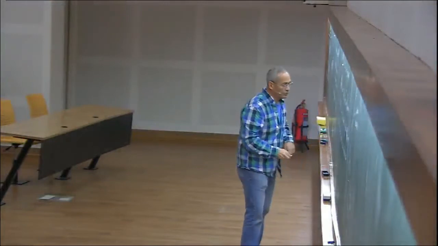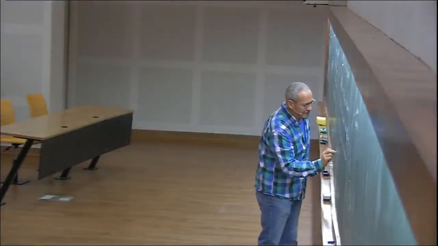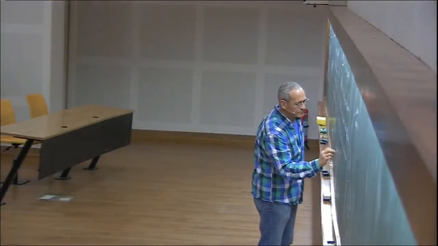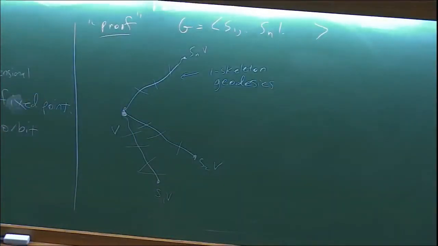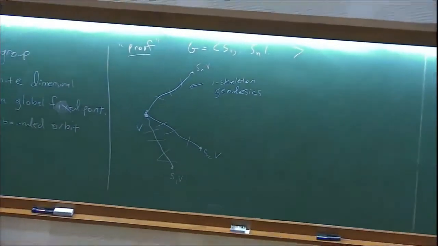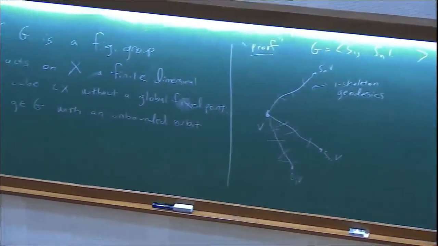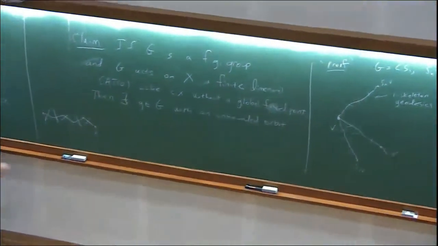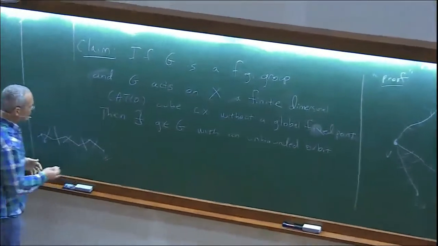So if you have two vertices, V and W, then you look at the hyperplanes that a geodesic between them crosses.